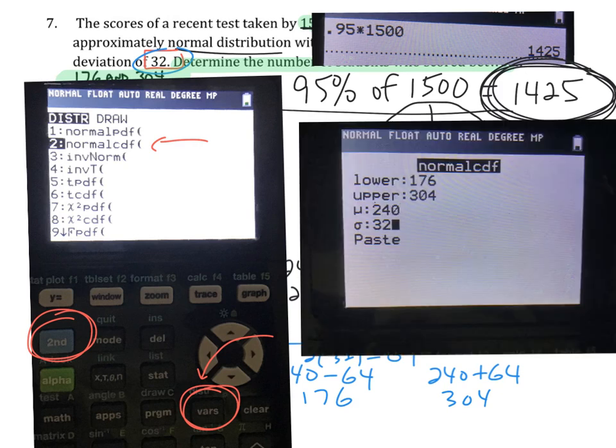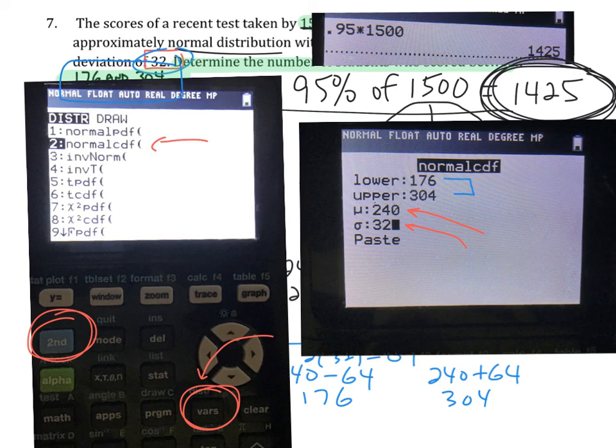This allows you to type in the mean, which is the Greek symbol mu, of 240. The standard deviation sigma is 32. And then the range we want to know about is between 176 and 304.